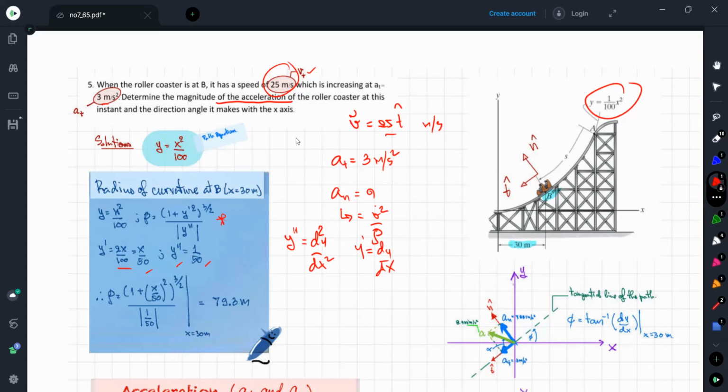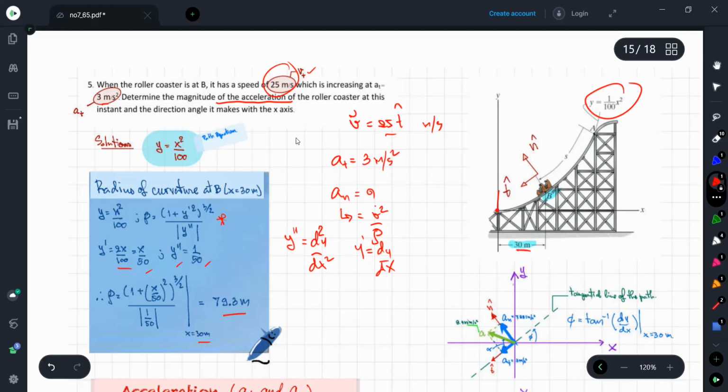After that, we can determine the radius of curvature when x equals 30 meters, according to the coordinate here. We substitute x equal to 30 meters, and the radius of curvature at this point becomes 79.3 meters.